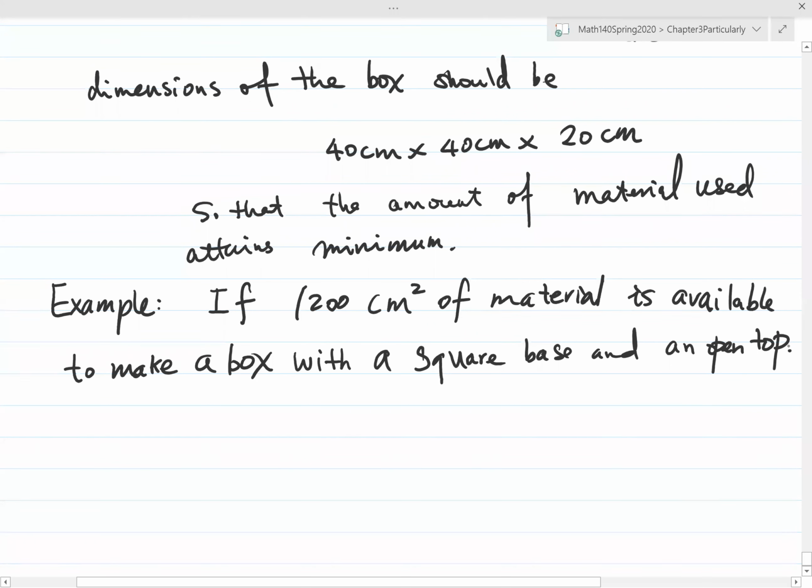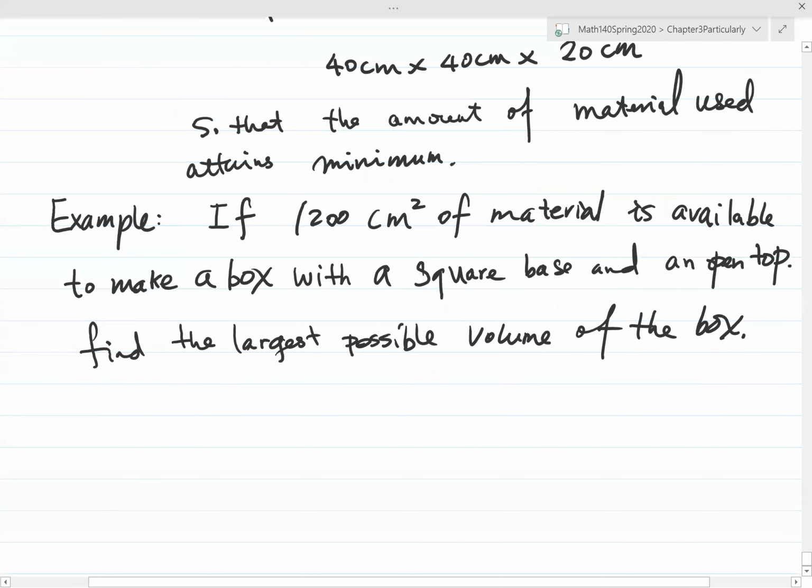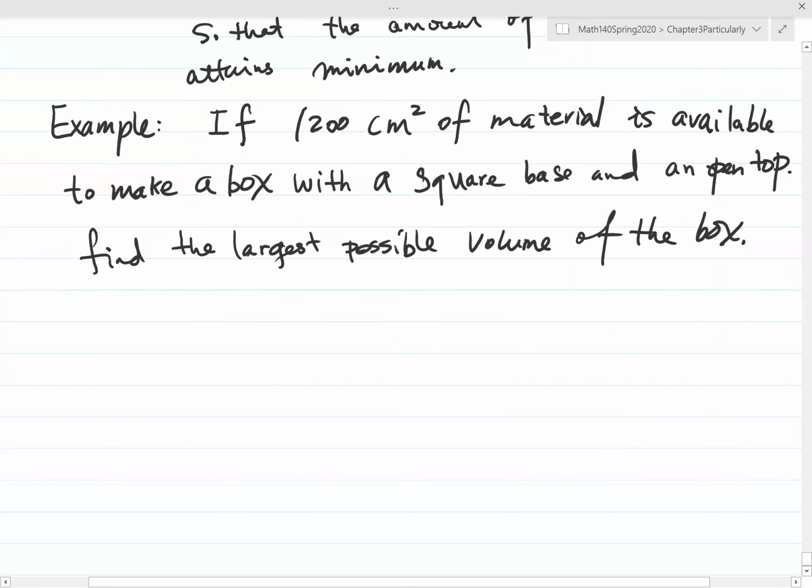Now we want to maximize the volume. Find the largest possible volume of the box.